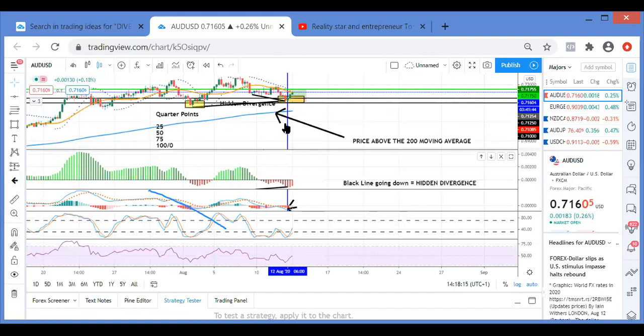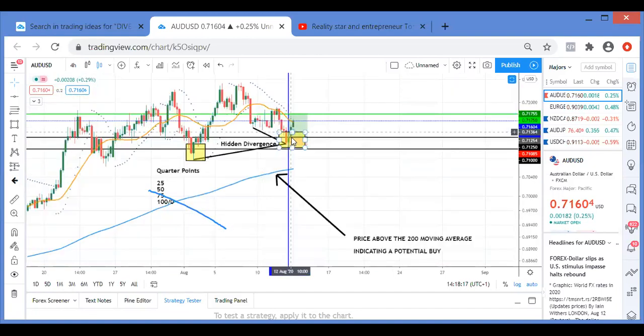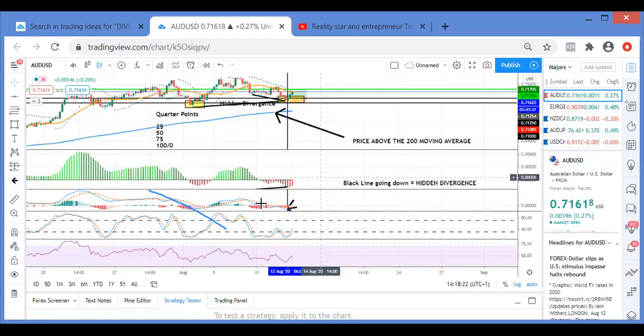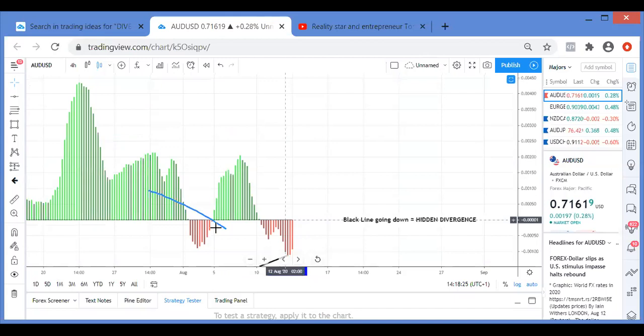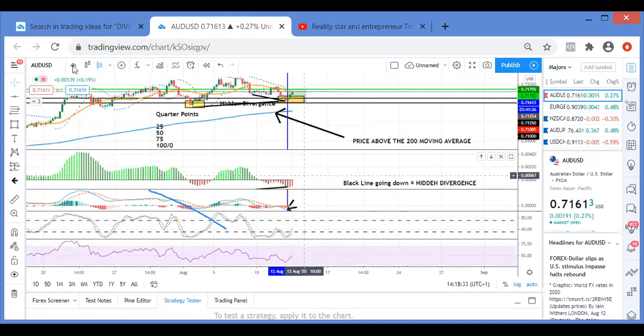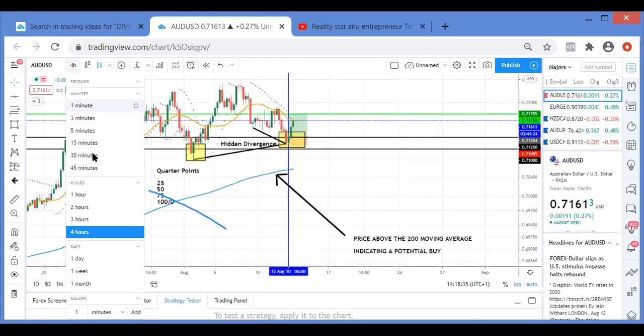But look, even though this low was higher than this low, on my MACD, this low is lower than this low. Hidden divergence. Simple. Then we go 2 time frames backward, to the 30 minutes, to get our entry point.